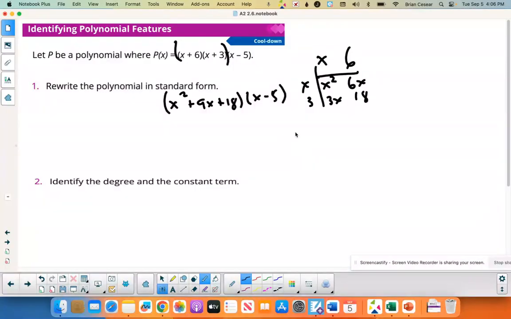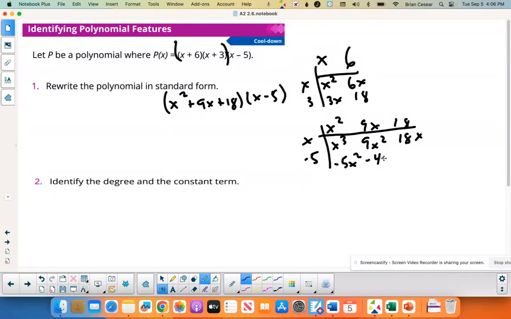And then I'm going to do another box. What's that, negative 90, I think.